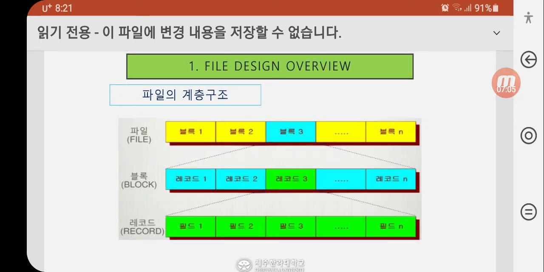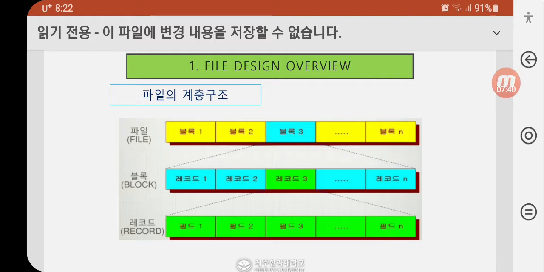Next picture shows the hierarchical structure of files. Top of this picture is file structures: block 1, block 2, block 3, and block N. The middle of this picture is block 3's component.